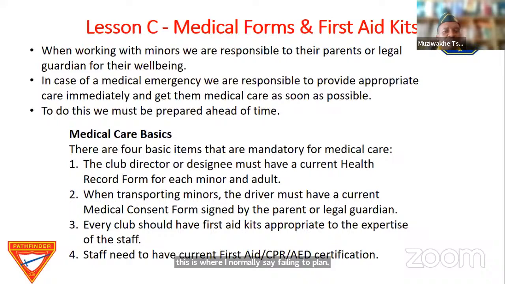And that's why it's important, leaders, to plan ahead of time our Pathfinder activities, to share the Pathfinder itinerary with the church board. And, you know, I want to emphasize this. The church will always prioritize what they feel is important to the well-being of the whole church.